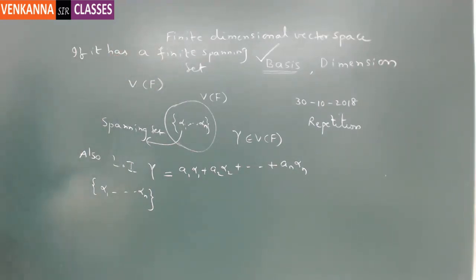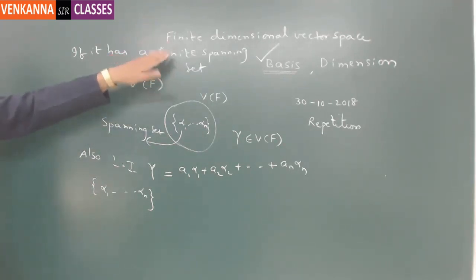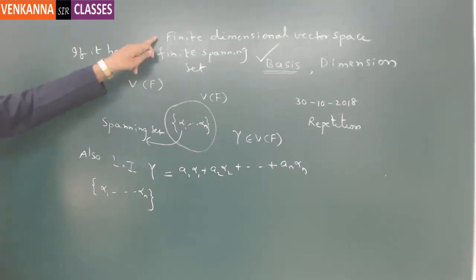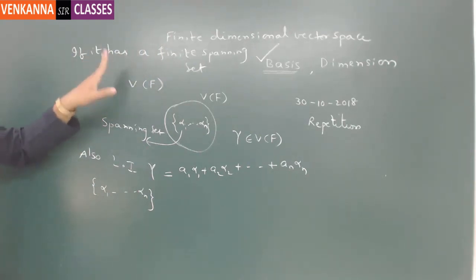In other words, every finite dimensional vector space contains a basis. So the definition can also be termed as: a finite dimensional vector space is nothing but one having a finite basis.